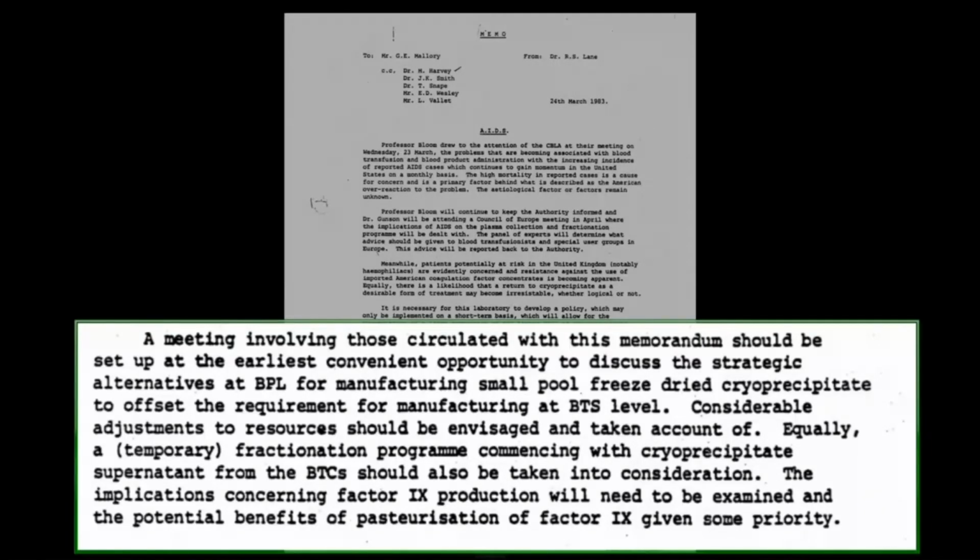Are you able to assist with who was describing the American overreaction to the problem?